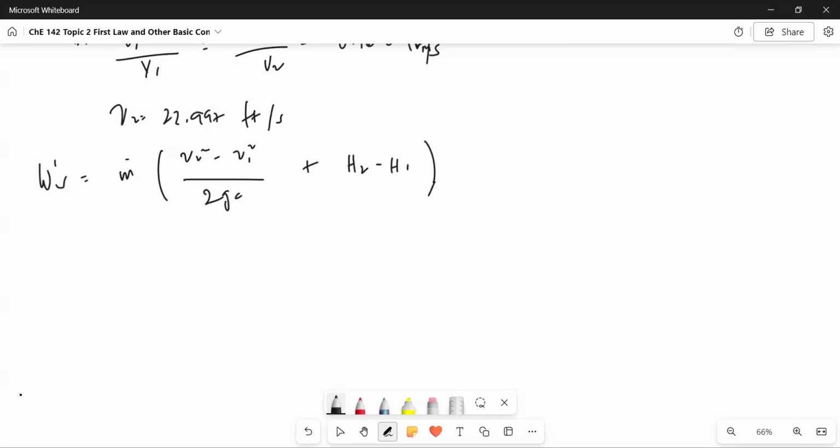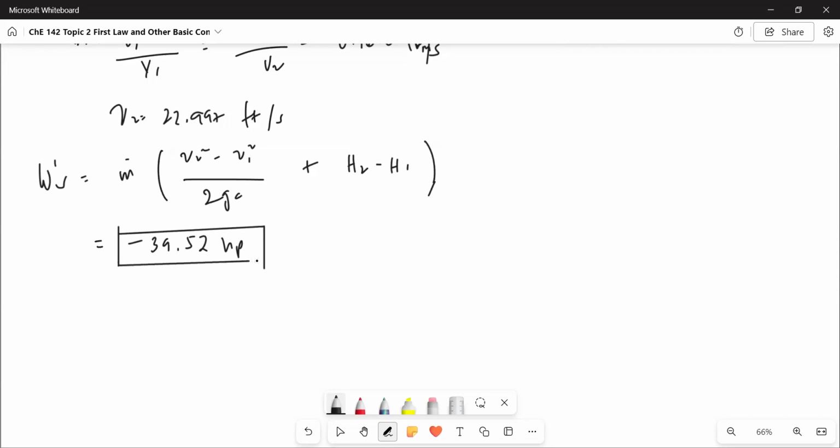Is there a special conversion that you need to do? Yes, we want to express it in horsepower. So please check the conversion for horsepower. What you will get is this answer, 39.52 horsepower. Okay, so that's it for example 20.